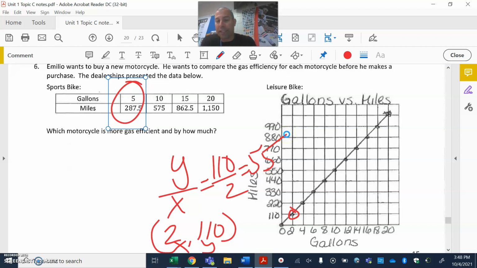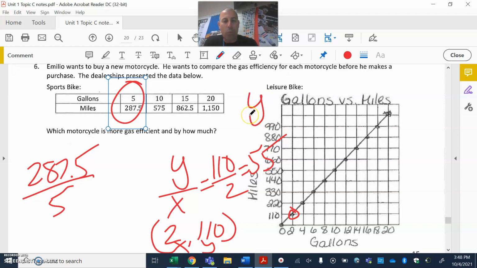So when I come on over here, I can grab one of them and then I can set it up. And the big thing is they've got to be the same. So when we did the y on top, that was the miles because that's from the y-axis. So I have to put my miles up on top. Again, consistent. Then I can reach for that calculator, just do a straight division problem, 287.5 divided by the 5, and we get 57.5.